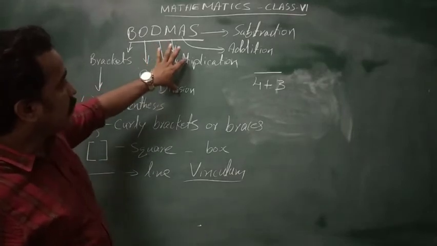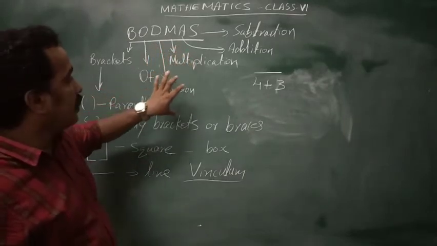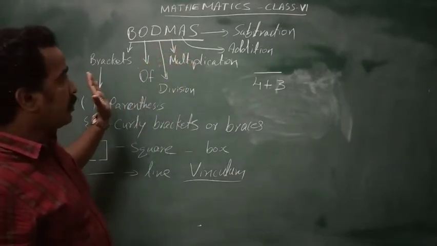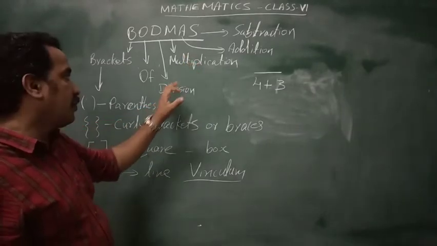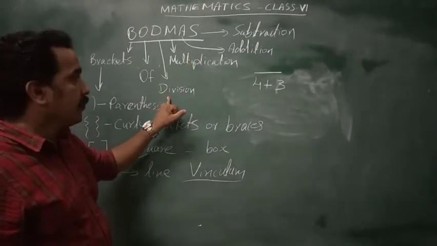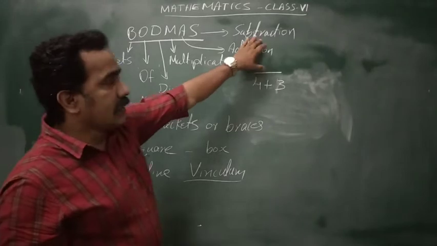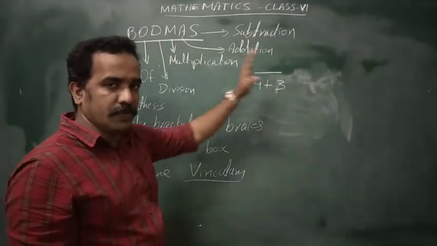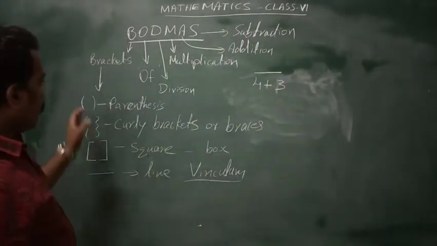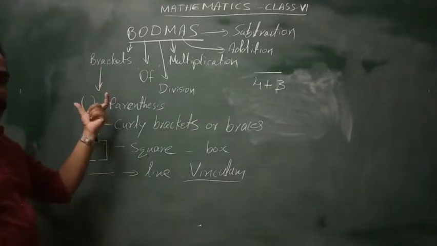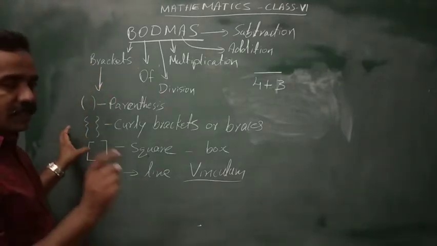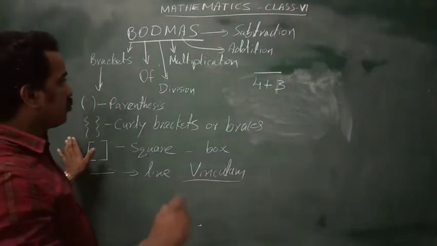If from the left first multiplication is coming, then we can do first multiplication, then division. Addition and subtraction also from left to right we have to follow. And first in our arithmetical expression, what is there in the bracket, that we have to solve.